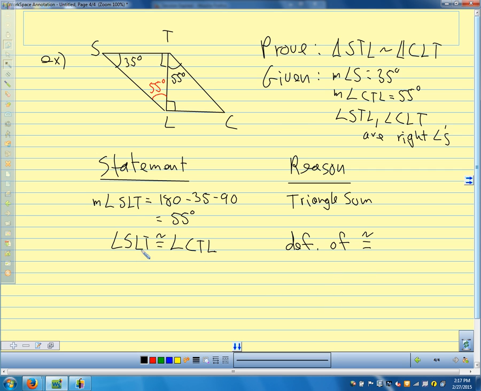All right, so there's one angle that we have congruent. We need another angle. So what other angles can we say are congruent? Angle CLT congruent to angle STL. And what's our reason there? They're both 90 degrees, they're both right angles. All right, now what can we say?